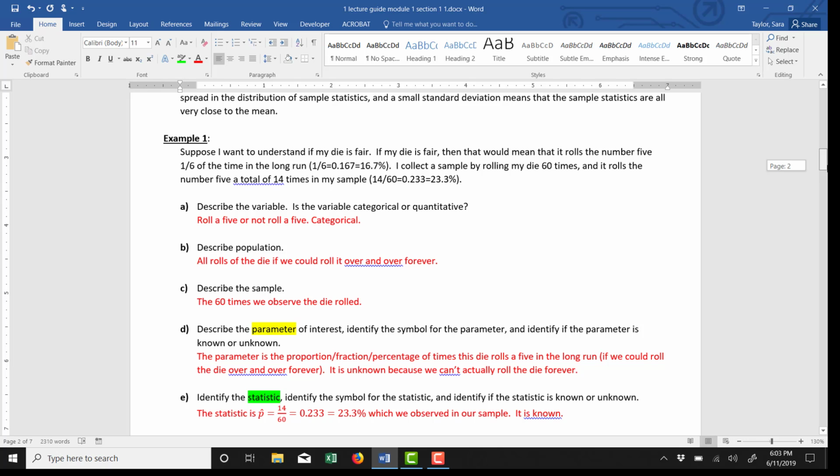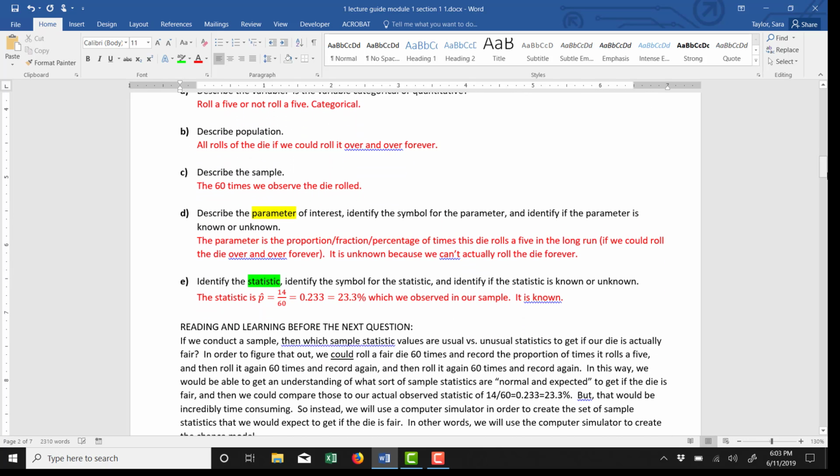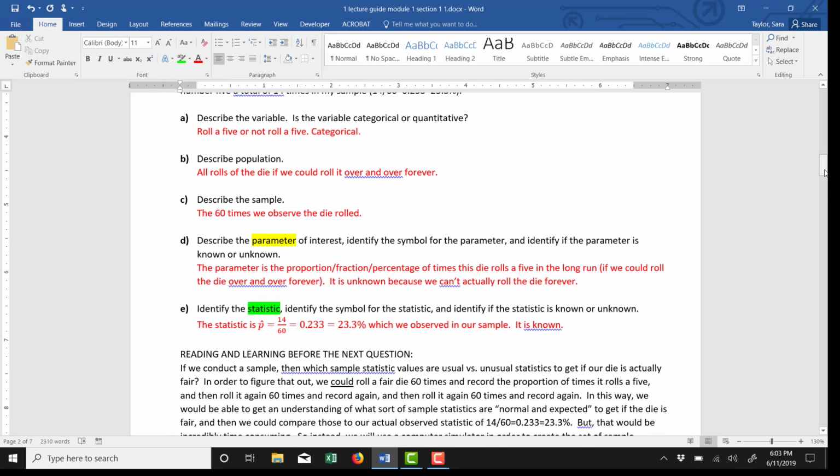Well, the way that we do this in statistics is we're going to create what's called a chance model. We're going to create a model that shows us what we should expect if the die is fair. If the die is really rolling fives a sixth of the time in the long run, then we're going to see a visual display that shows us what sort of statistics we should get if we roll the die 60 times.